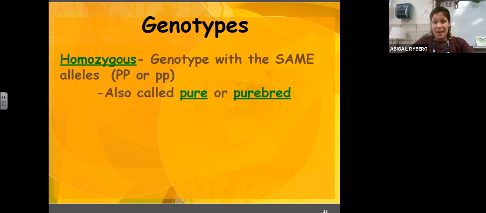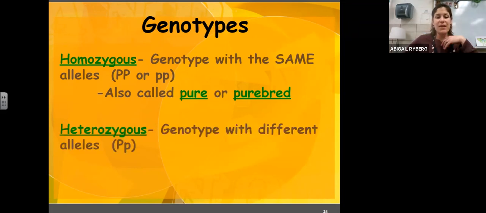Okay, genotypes. Remember the alleles, they can be homozygous, which means that this genotype has the same alleles. Homo means the same. Examples of homozygous are big P, big P, or little p, little p. So they're the same, either big or little. We may also call homozygous genotypes pure or purebred, and you'll see that.